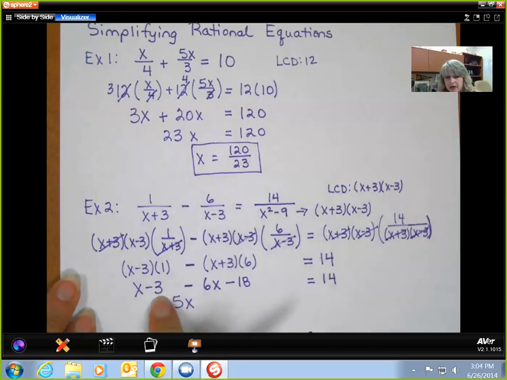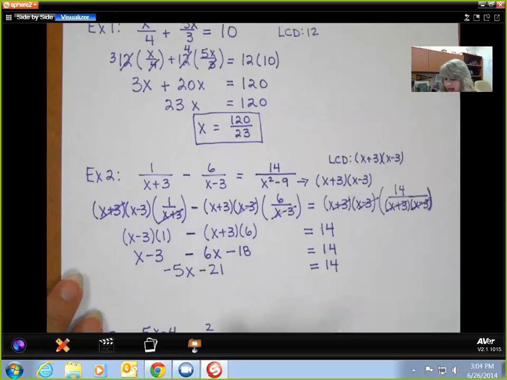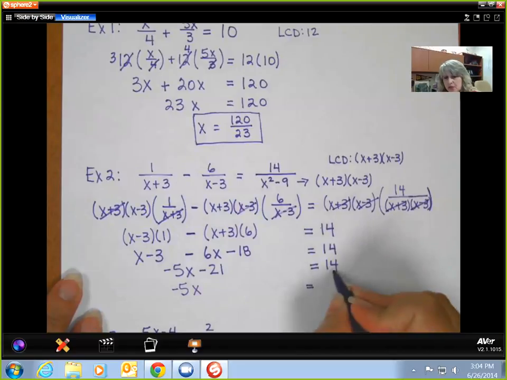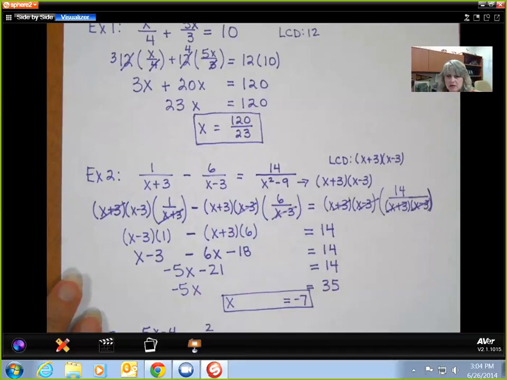A negative 3 and a negative 18 makes negative 21 equals 14. We're going to add 21 to both sides. So 14 and 21 makes what, 35? And then divide by negative 5 on both sides. So x equals negative 7. So x equals negative 7 is our solution.